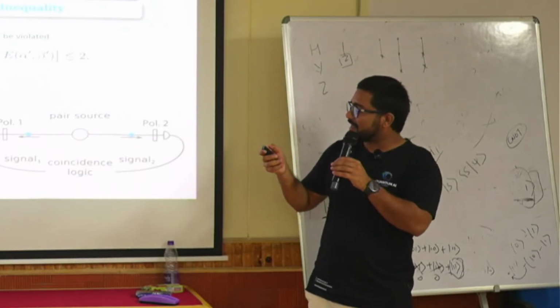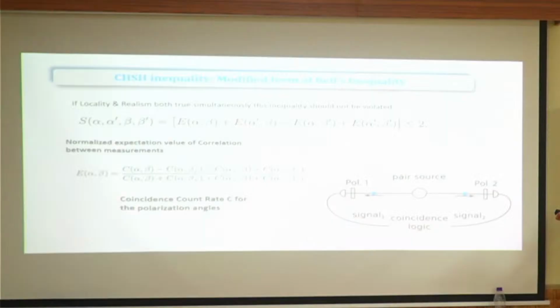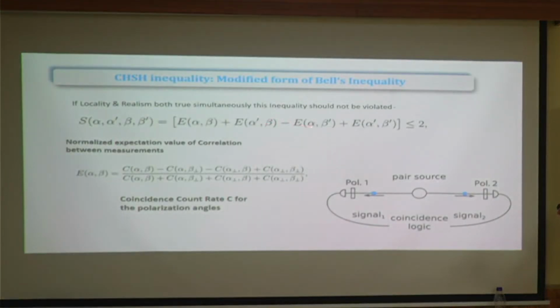So these are the values E(alpha, beta), E(alpha prime, beta), E(alpha, beta prime), and E(alpha prime, beta prime). These are the different angles of the wave plates used by Alice and Bob. The two parts are two entangled sections, and from these experimentally measurable quantities you get a number, called the S value.